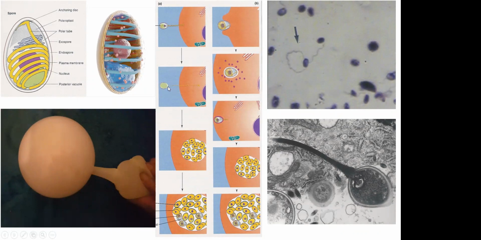So once the polar tubule has penetrated the cell, the nucleus is injected and starts multiplying to end up with a collection of spores inside a vacuole inside the host cell.